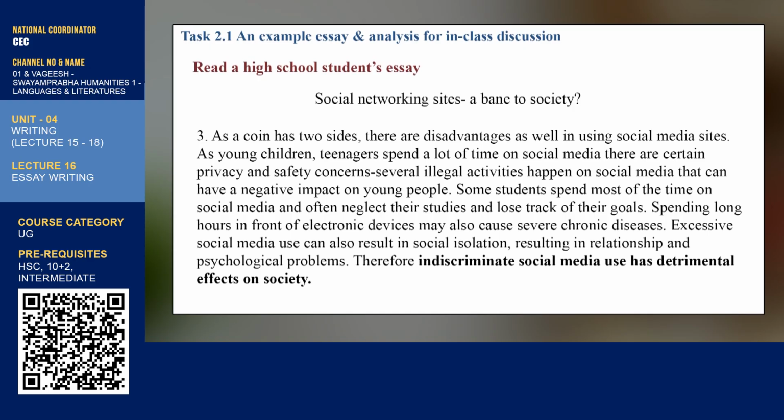Everything is put together in this paragraph under disadvantages. This paragraph too ends in an interesting way. Therefore, it says, indiscriminate social media use has detrimental effects on society. But personally, I feel that this paragraph has too many ideas.